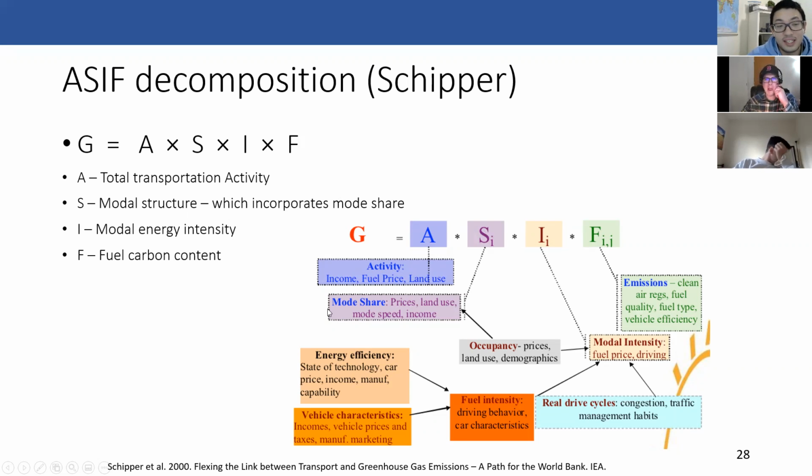And really this is kind of like a restructured Kaya or IPAT equation, with each of these parameters being specific to the transport sector. And you can actually end up getting a lot of nice details that help inform even the inputs that go into this equation.